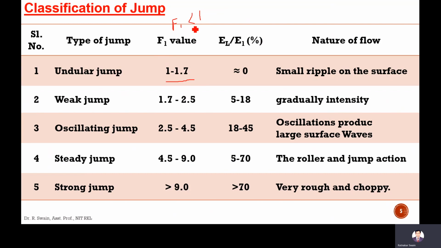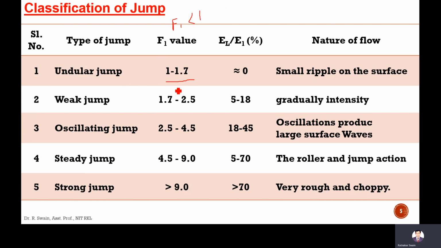Only when the flow before the jump is supercritical and changes from supercritical to subcritical does a hydraulic jump form. So in a hydraulic jump case, F1 must be more than 1. Otherwise a hydraulic jump is not possible.